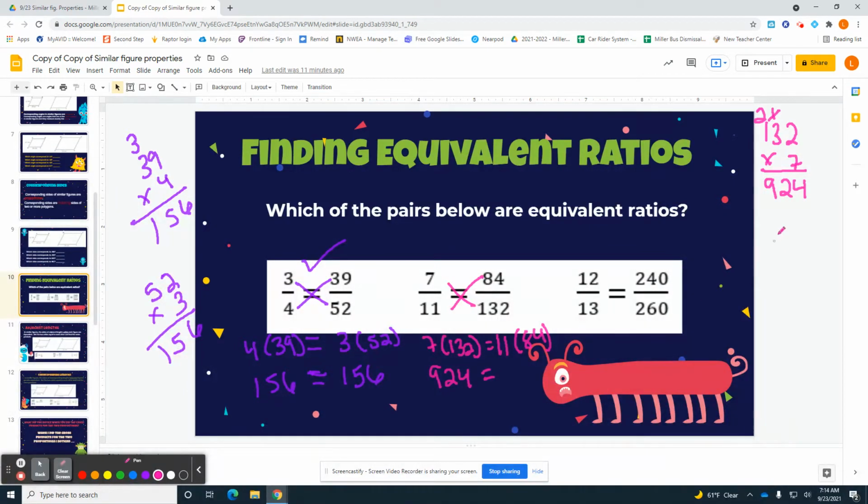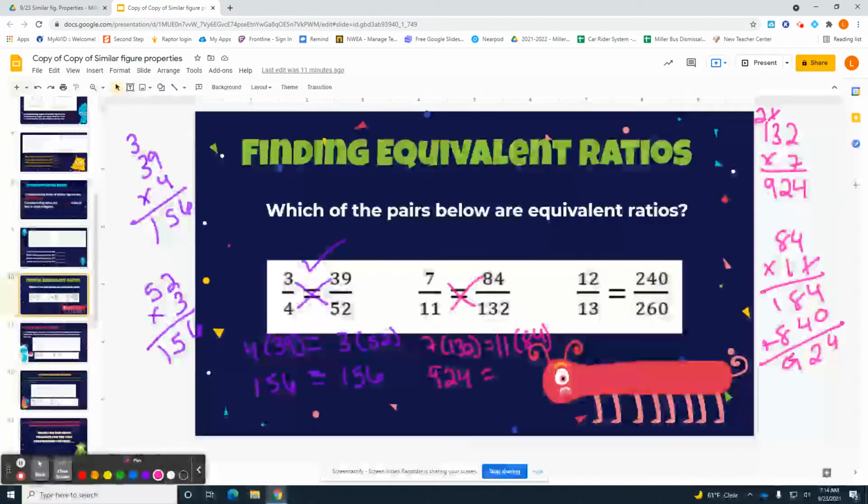Now you've got to multiply 84 times 11. What does that give you? So 1 times 4 is 4. 1 times 8 is 8. Put your placeholder. We're done with our 1. We can cross it off. 1 times 4 is 4. 1 times 8 is 8. So 4 plus 0 is 4. 8 plus 4, 12. Carry your 1. So 1 and 8 is 9. So 924. Did it give us the same thing? Yes. So this one also checks off.